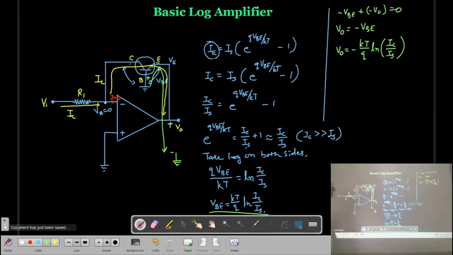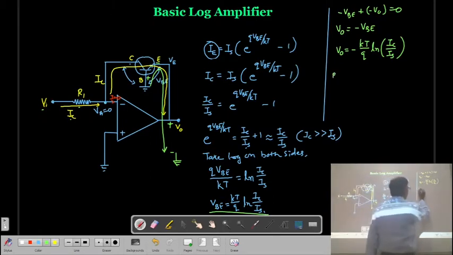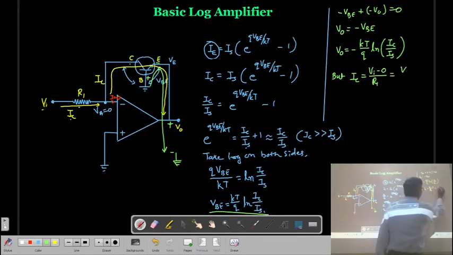That value of IC you can find out from the input part of the circuit. And here you can see the potential is Vi, this potential is 0, therefore IC is equal to Vi minus 0 divided by R1, so that is equal to Vi by R1.